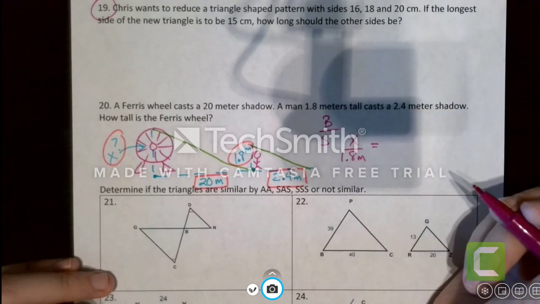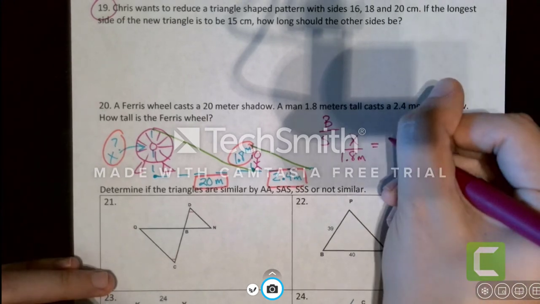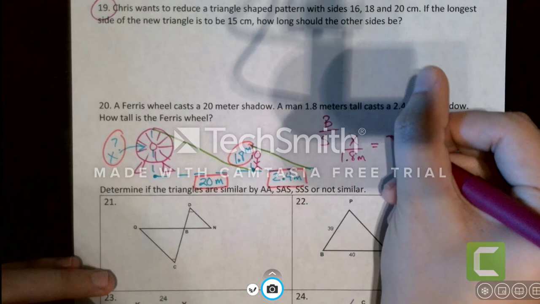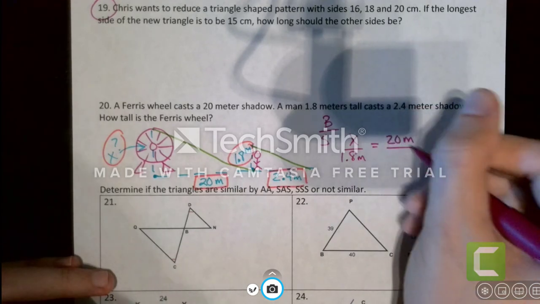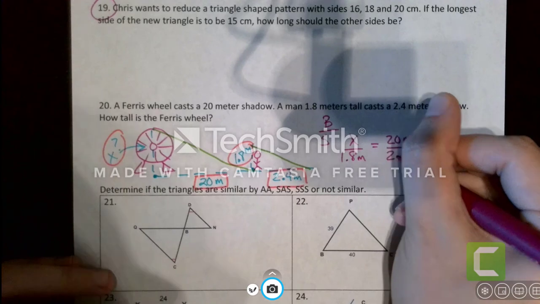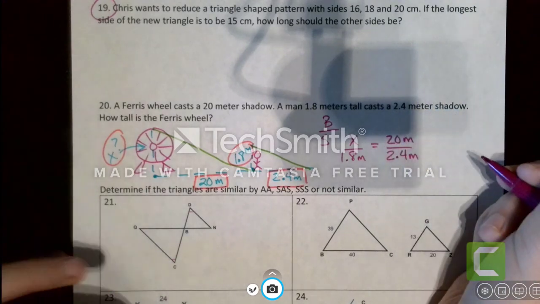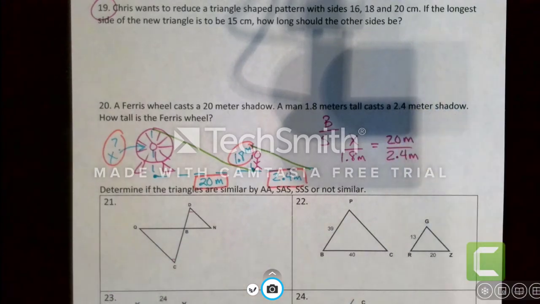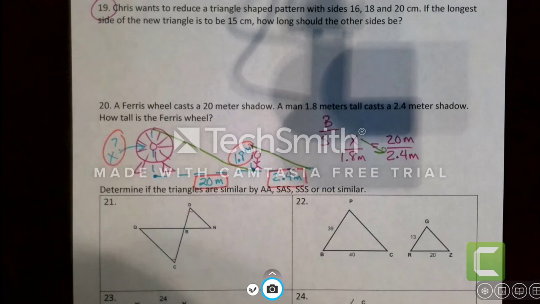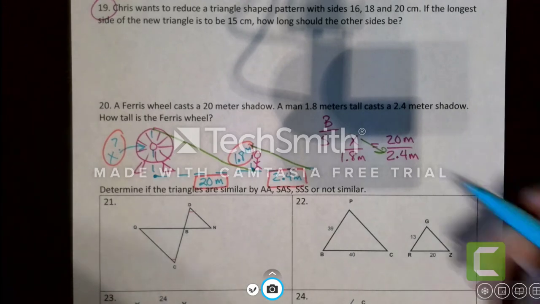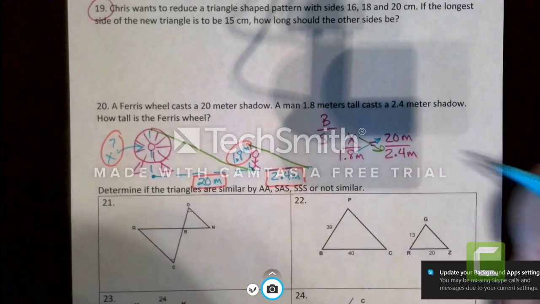And that's equal to the proportion of the shadow for the Ferris wheel, which is 20 meters, all over 2.4 meters. Next up, we go ahead and we cross multiply. X times 2.4 and 1.8 times 20.